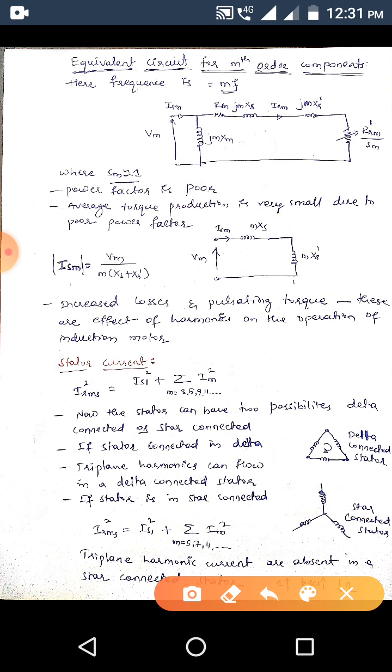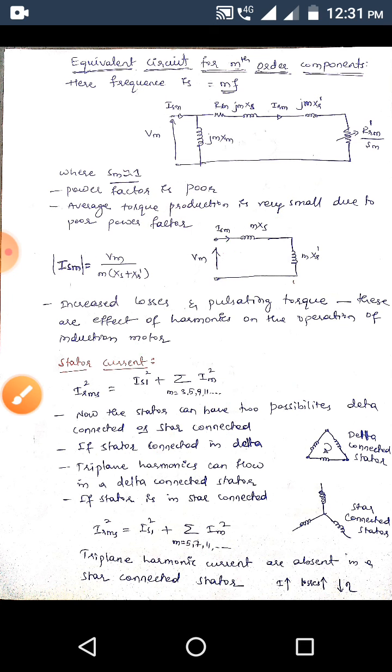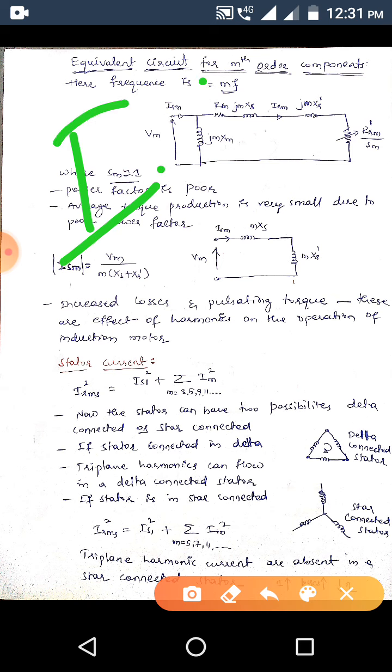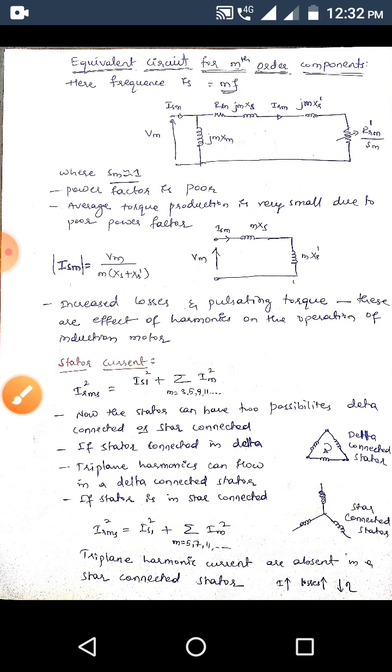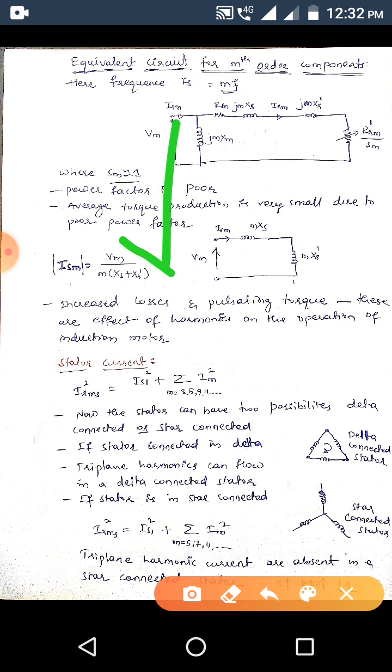So we conclude that when the stator current is increased in the windings, the losses also increase. If the losses increase, the efficiency will start to reduce.